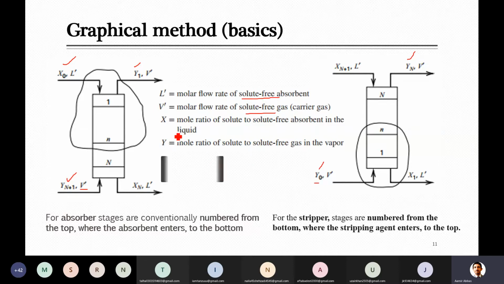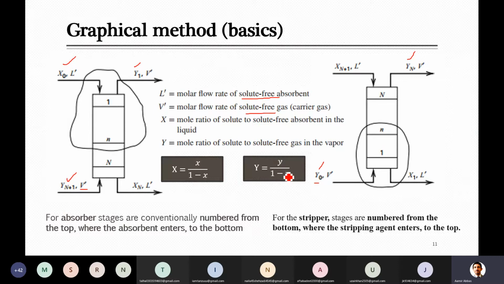So this X capital is actually related to X, and I think you know that this is the mole fraction in the liquid. Commonly we use this simple X, so it is actually X over 1 minus X, and Y capital is equal to Y small over 1 minus Y small.